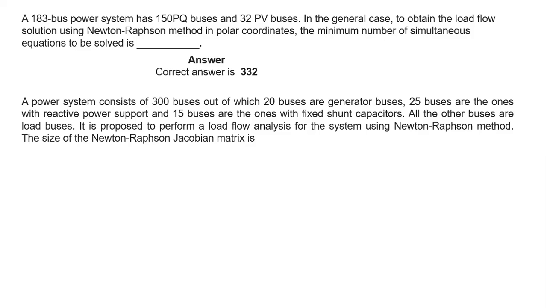A bus with a fixed capacitor is treated as a PQ bus. If a bus has reactive power support, then it is a PV bus. Then there are 20 generator buses. This is the hint I have given. So with this hint, you do it.